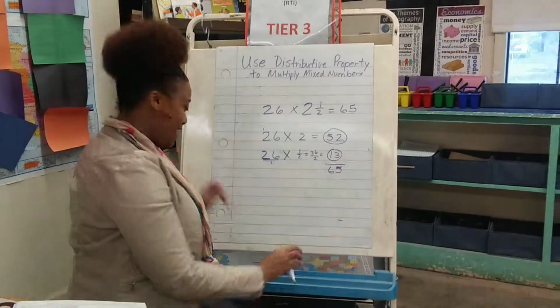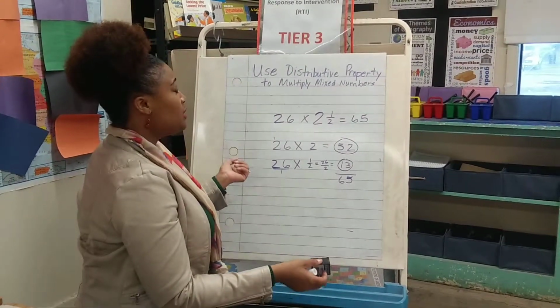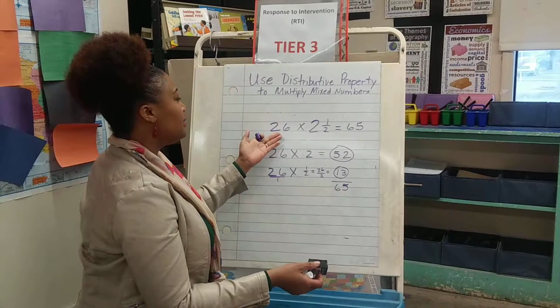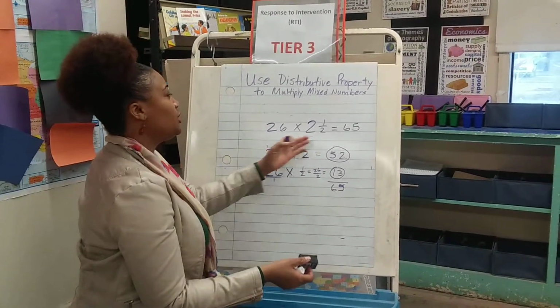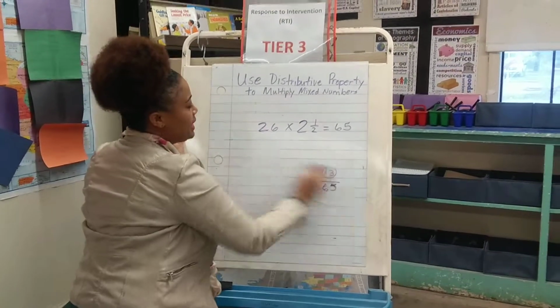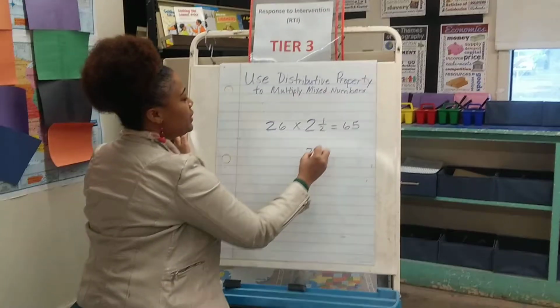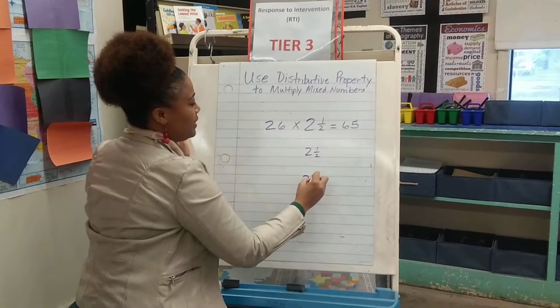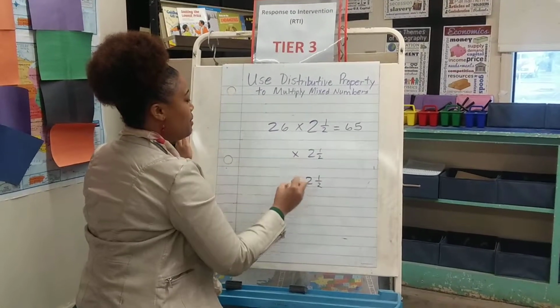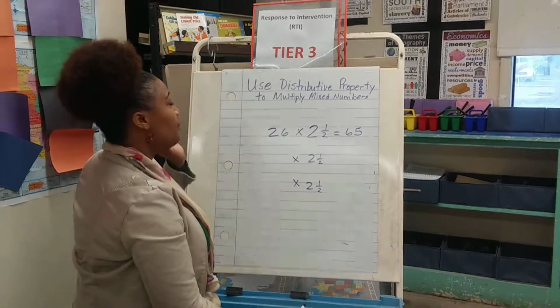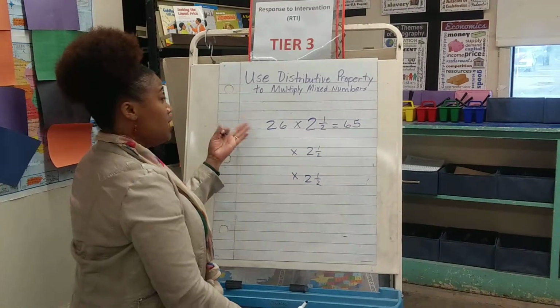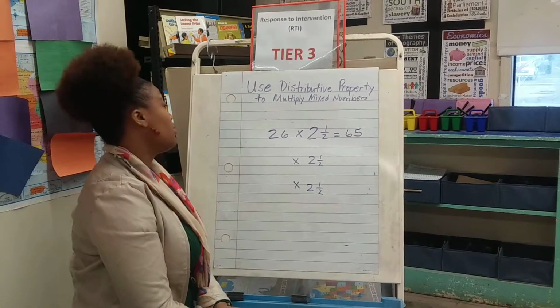Now, what if a student decomposes the first factor and keeps the second factor? Well, they still get 65. So what if a student keeps the second factor and they want to decompose the first factor? Well, any two numbers that give you 26 will work, okay?